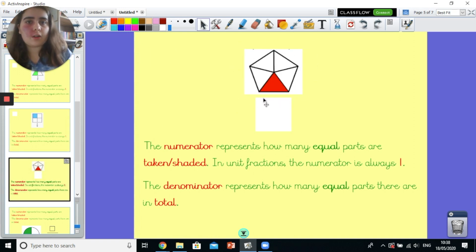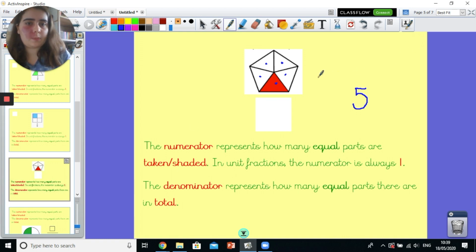Let's have a look at this question. How many parts do we have in this pentagon in total? This one's a little bit trickier. We've got 1, 2, 3, 4, 5. So our denominator in this fraction is going to be 5, because the pentagon has been divided into 5 equal parts.